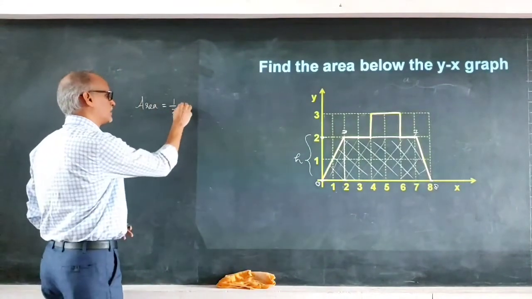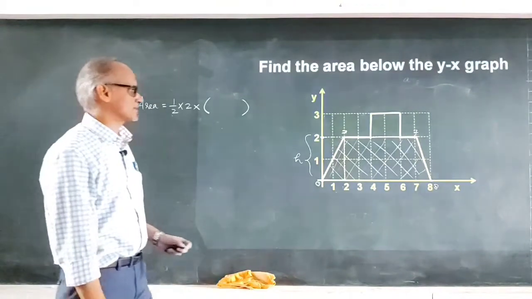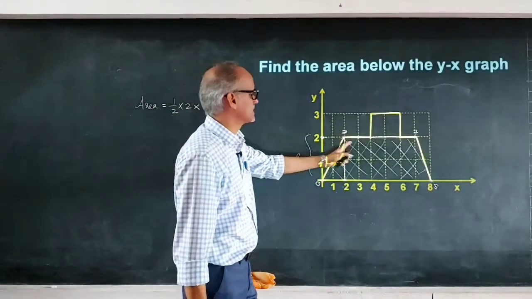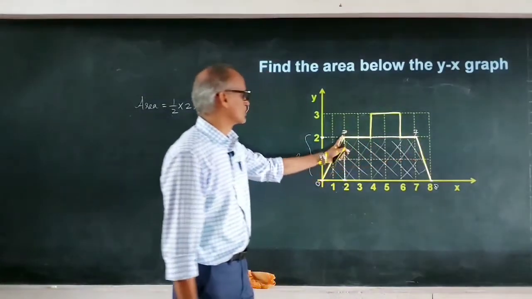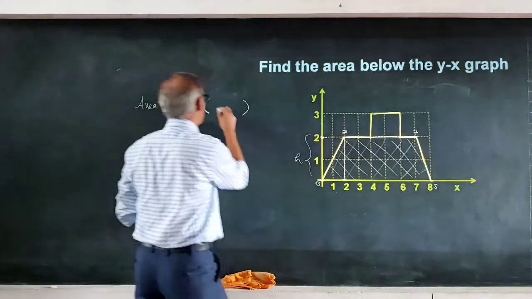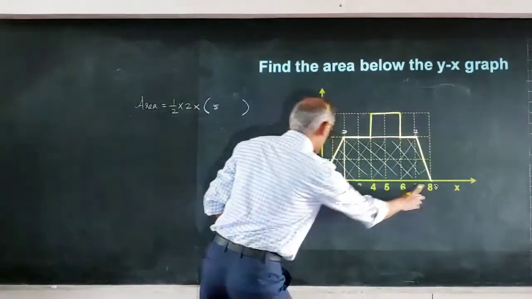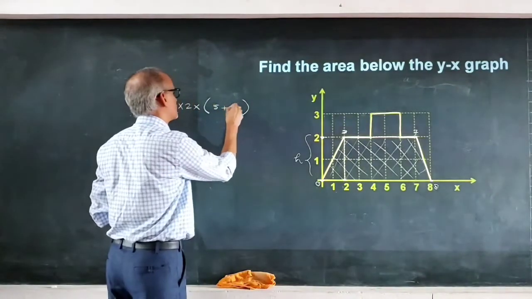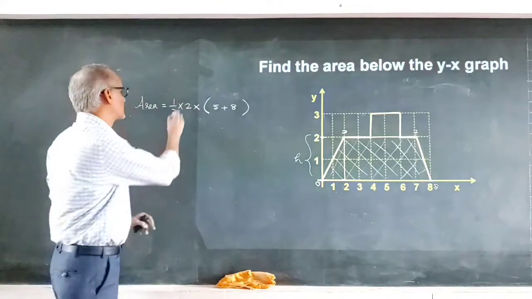Therefore it's half into height, which is 2, into the sum of the parallel sides. One of the parallel sides is here, 7 minus 2, because we have to find this length. 7 minus 2 is 5. And 8 minus 0 is 8. So this 2 will get cancelled.